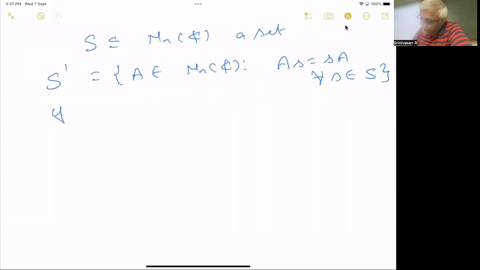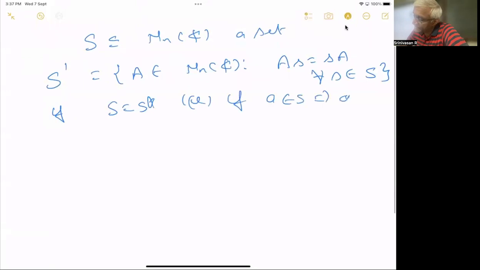So if A is in S implies A star is also in S, that is, if S is closed under adjoints, then S prime is a unital star algebra. It always contains identity.